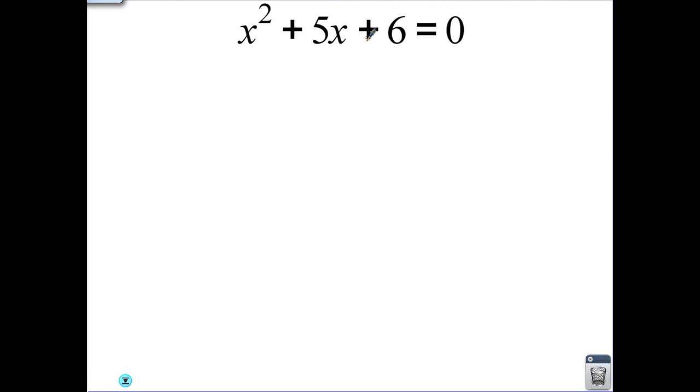So we've got to somehow take x squared plus 5x plus 6 and turn it into things being multiplied instead of things being added. That process is called factoring. Taking something and breaking it into products. Breaking it into something times something instead of something plus something.